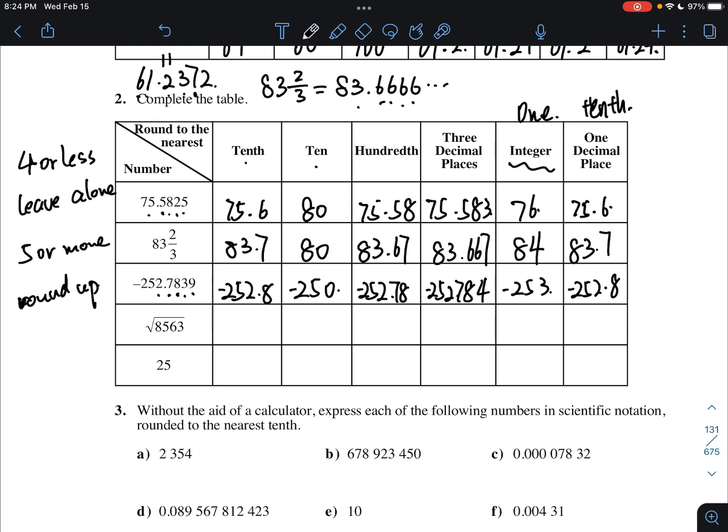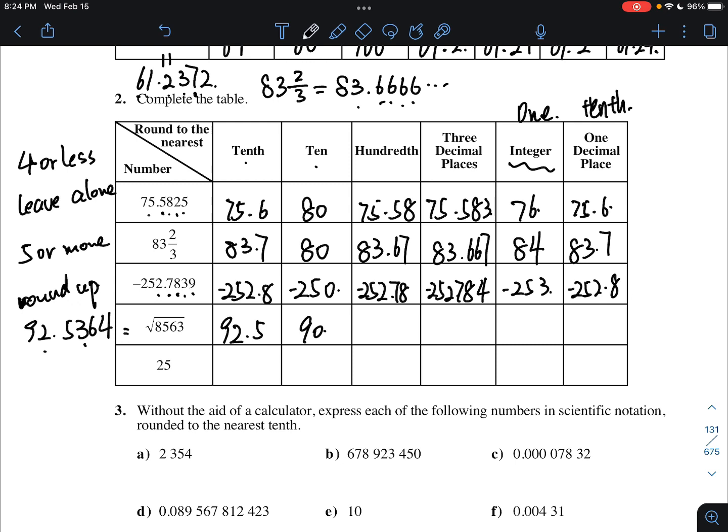And for the 1 decimal place, it's tenths, so it's -252.8. Okay, next one is square root 8563. So use your calculator to find the value. So this one equals 92.5. And then for the tens, we need to look at 3. This is 4 or less, leave alone. And for the next place, we need to look at 2. So we leave it alone, so it's 90.